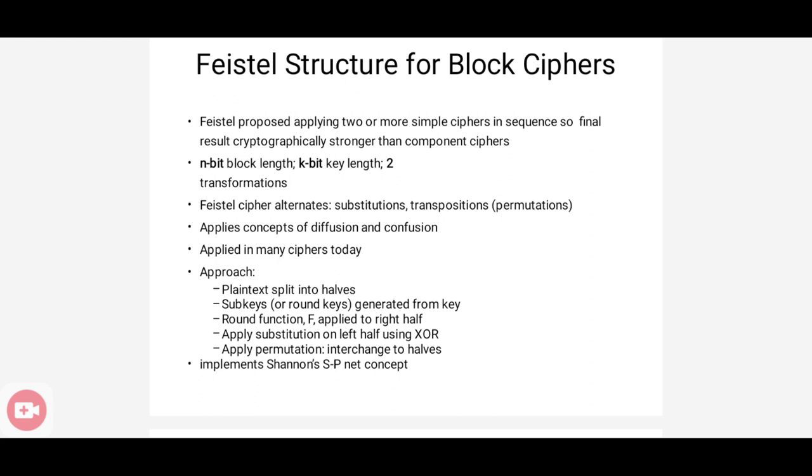So the input has an n-bit block length and the key is k bits. We also use substitution and permutation, or transposition, mechanisms in the Feistel structure. It also applies a new concept, diffusion and confusion. So what are the approaches used in Feistel structures?